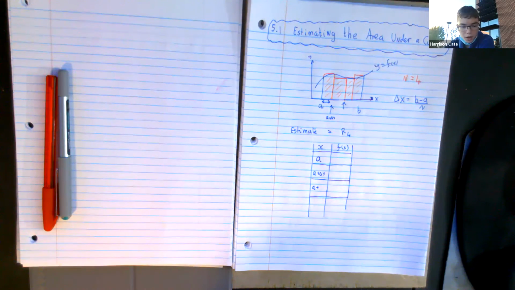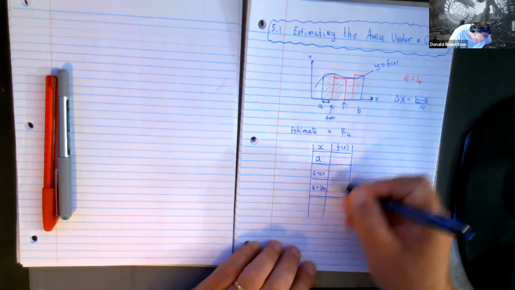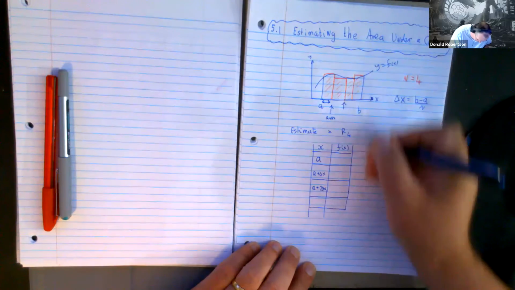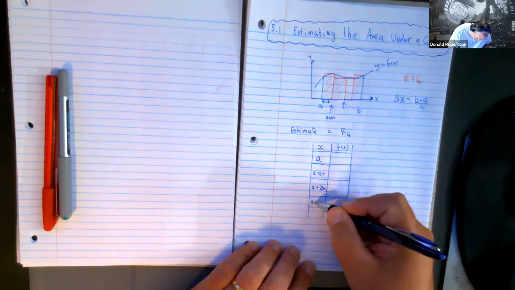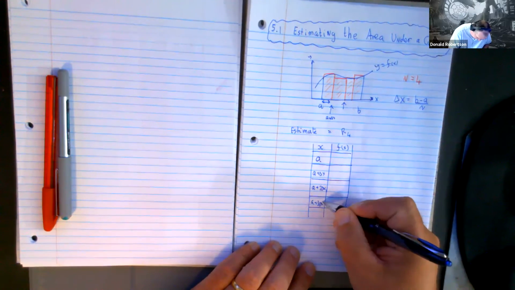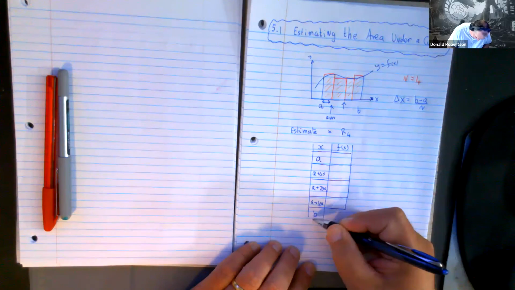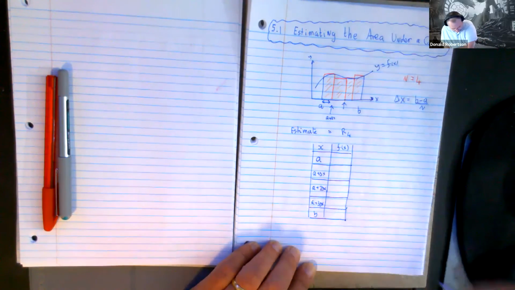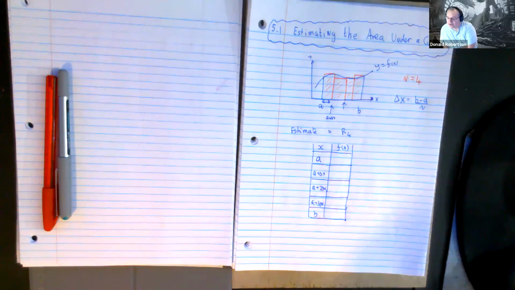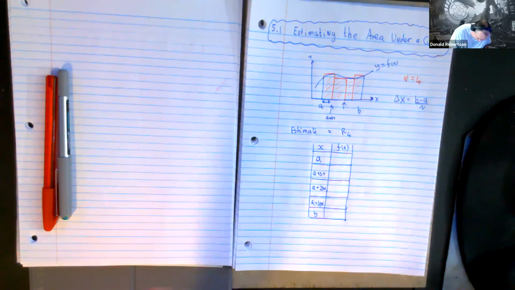Would it be a plus 2 times delta x? Yes. And then this one would be a plus 3 delta x. And right at the end, it's b. Now I've generalized that as much as anyone would want to.